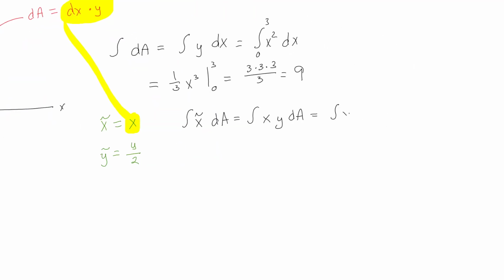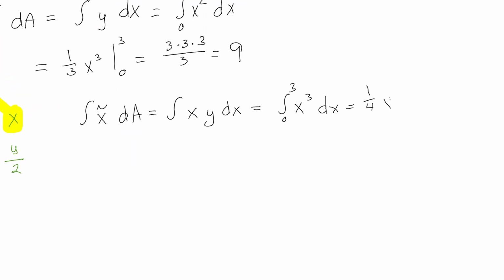So that's basically x cubed dx. And again, x is going from 0 to 3. So now I've got 1/4 x to the 4th going from 0 to 3, and I don't know that off the top of my head. I should, but I don't.